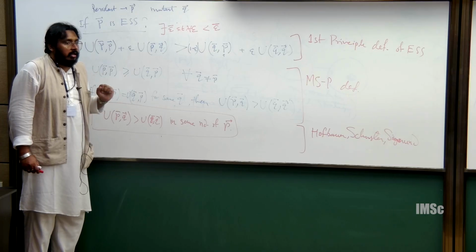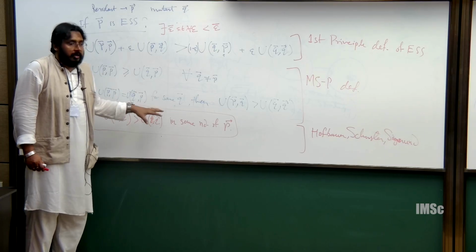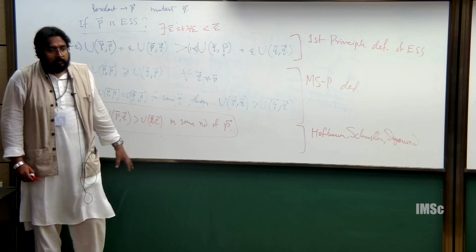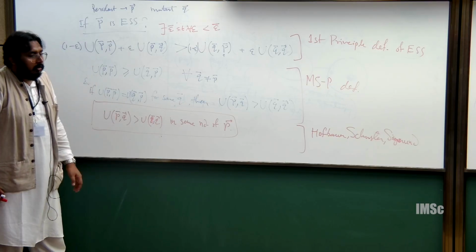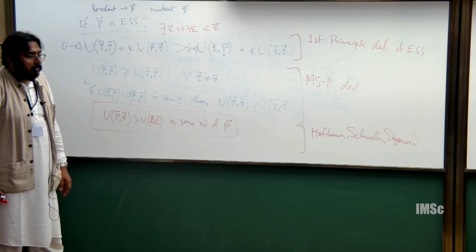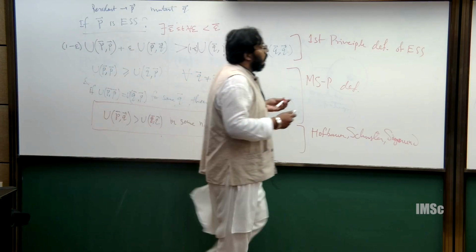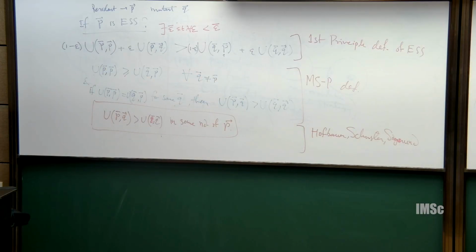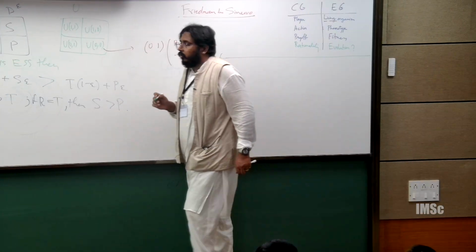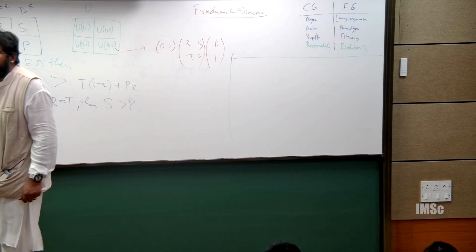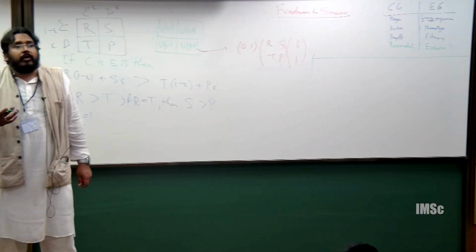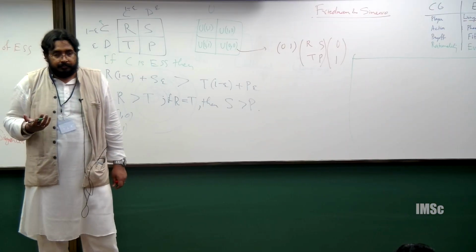So, in some neighborhood of P. What do you mean by neighborhood? Good question. Now that you have done nonlinear dynamics, if you want to talk about phase spaces, where do you think probabilities reside?